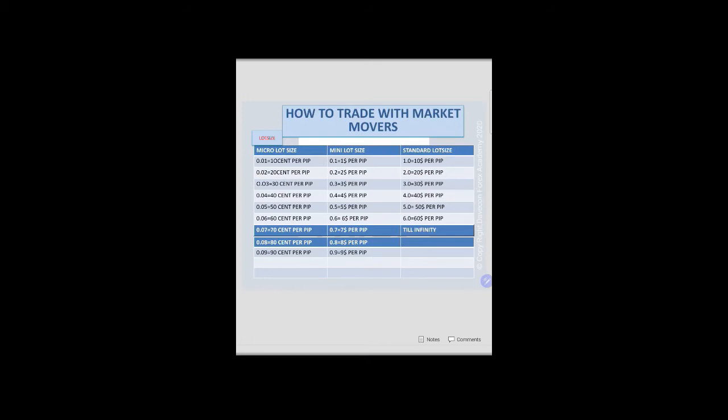Okay, so it depends on your equity, meaning that if you have $1,000 in your account, and then you're using a 1.0 lot size, and then the market goes in your favor for 21 pips, you're going to be making $210, right?